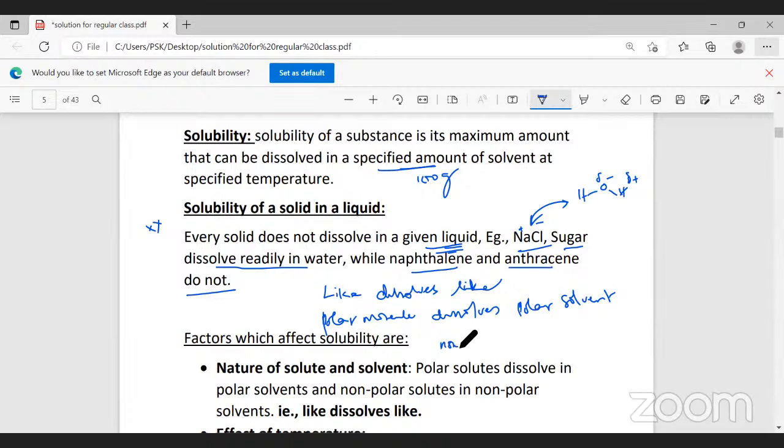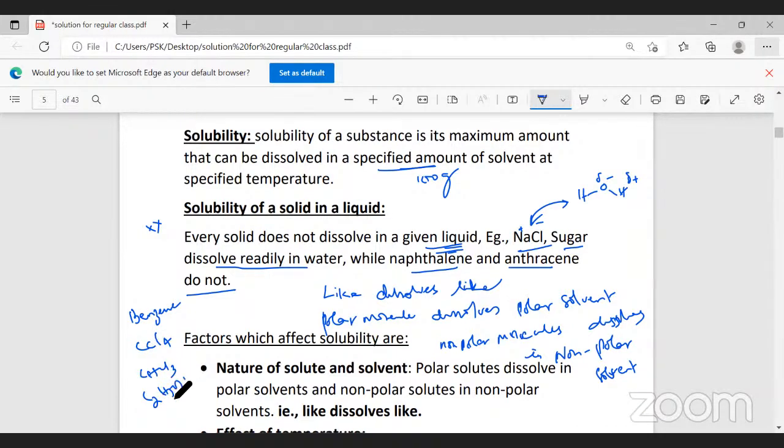So non-polar solutes or molecules dissolve in non-polar solvents. Examples of non-polar solvents: benzene, carbon tetrachloride, chloroform, alcohol. All these are examples of non-polar solvents.